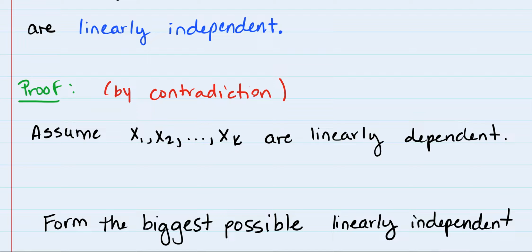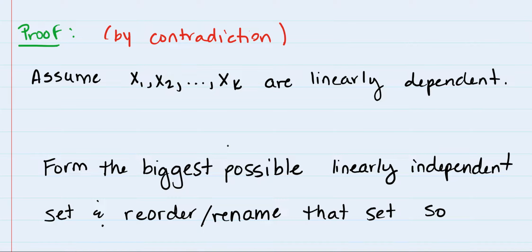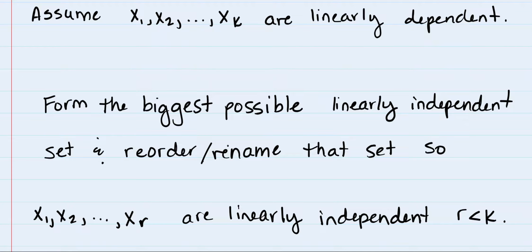So if we've got, for example, x1 through x10, we can just get rid of the vectors that are linearly dependent and form a linearly independent set. You want to find the biggest possible linearly independent set, reorder and rename them x1 through xr, and this set is going to be linearly independent.